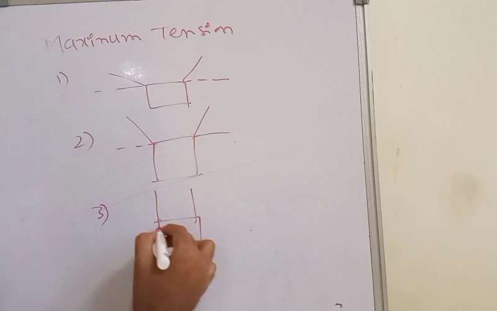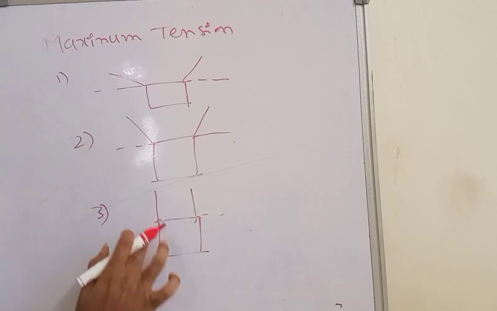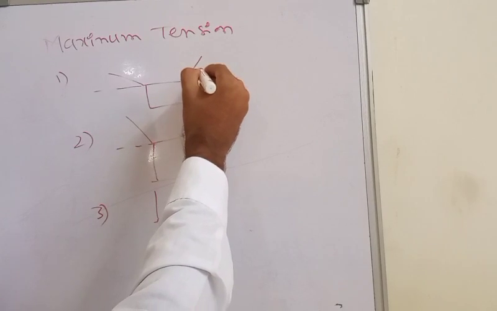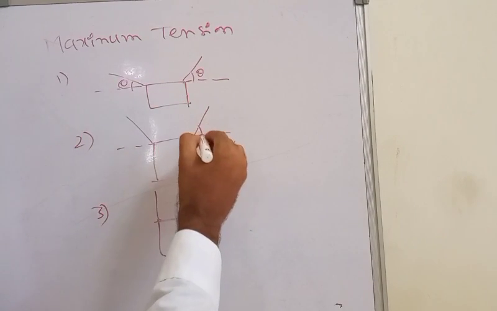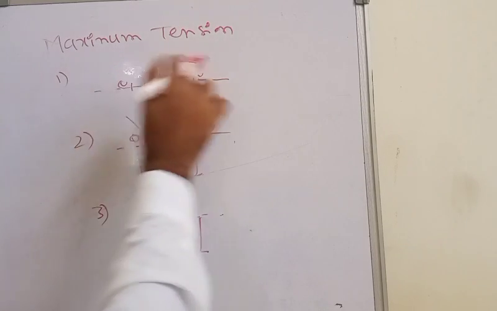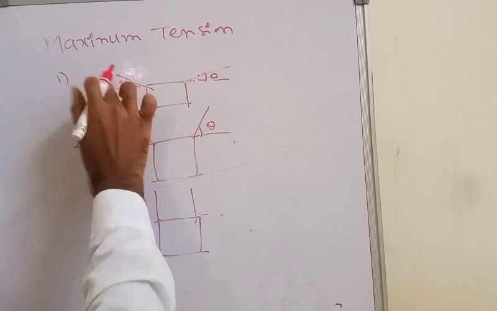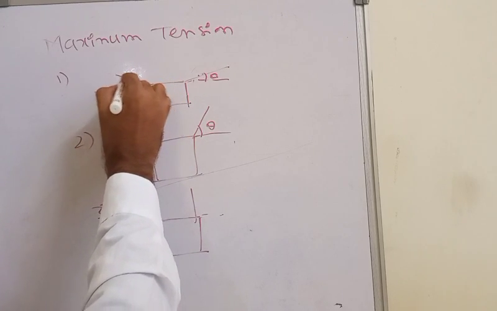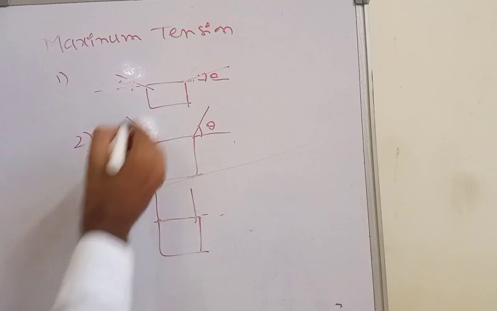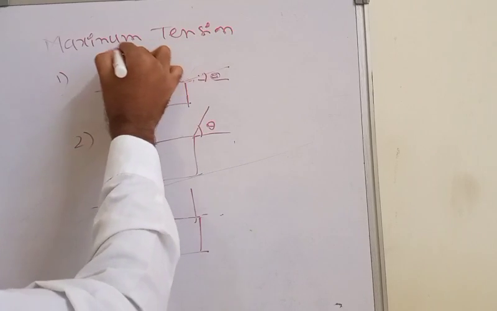In these three cases, which one has maximum tension? The angle between the rope and horizontal is theta here, and here is also theta. Which one has maximum tension, and which one has minimum tension?